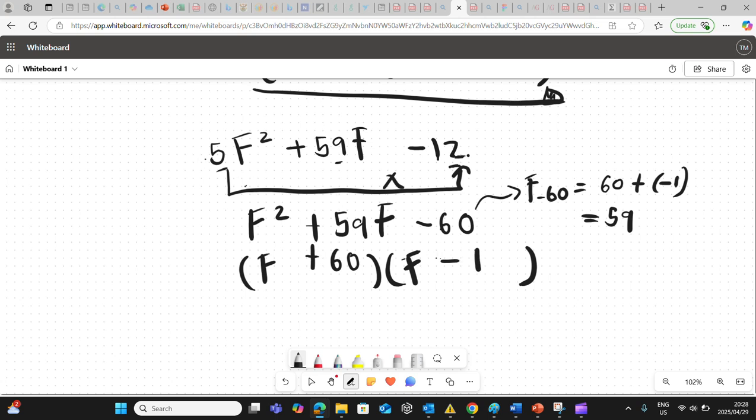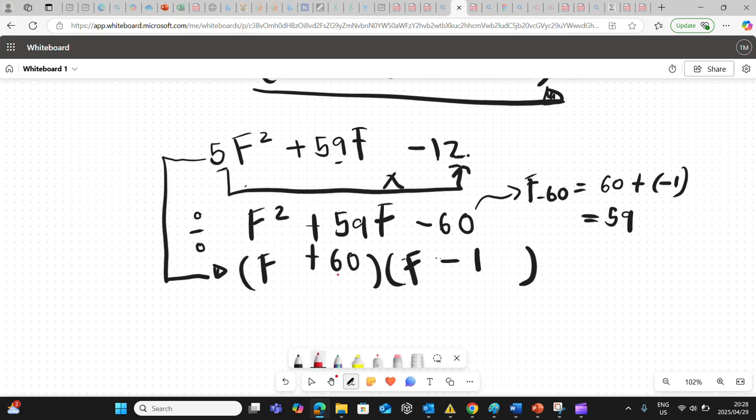But remember, just as much as we multiplied with that guy, we have to come back and divide. You should never forget to divide these factors here. So I divide by the same number, which is a 5, divide by a 5 there, divide by a 5 there. And what's going to end up happening, 60 divided by 5 is just a 12.